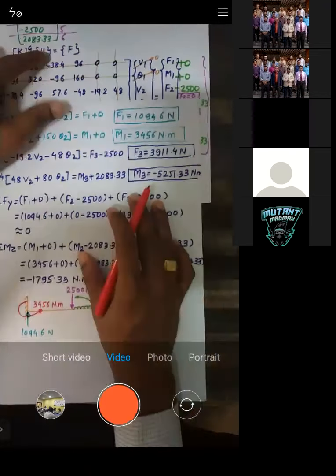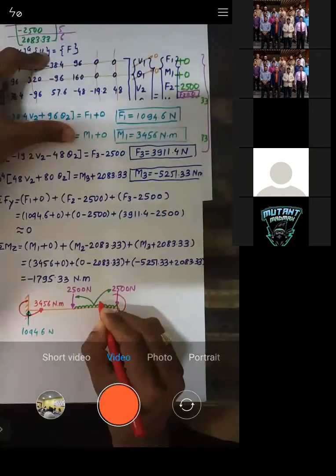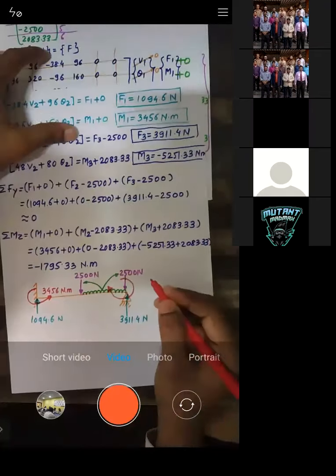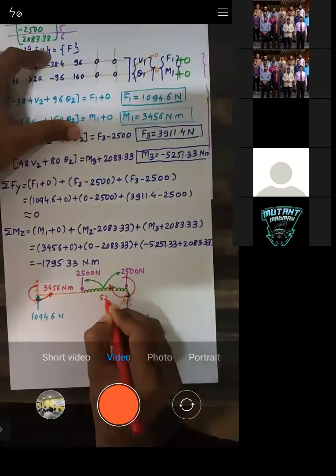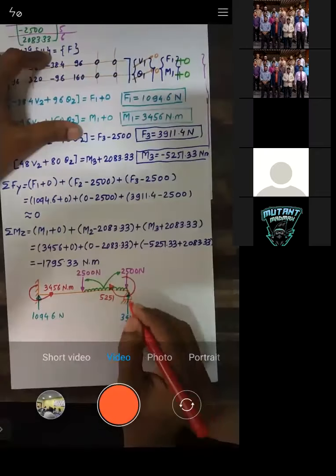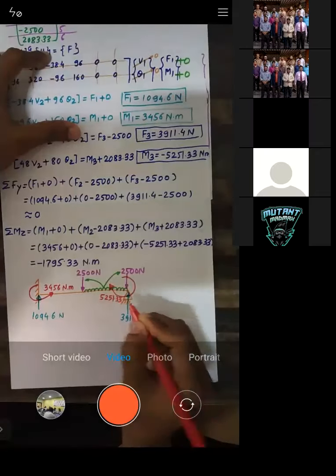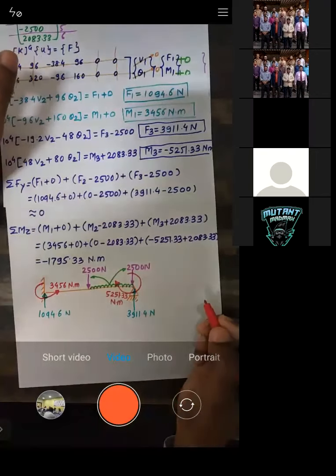You can see M3 is minus, which means it is clockwise. And what is the intensity of this moment? M3 is 5251.33 Newton meter.